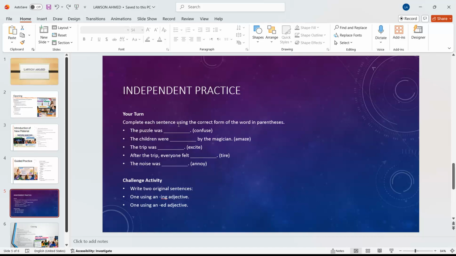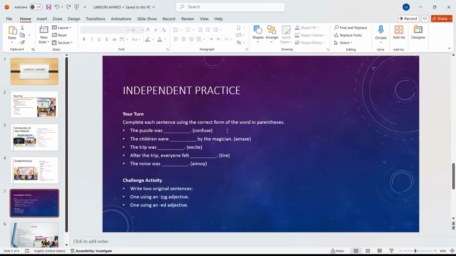Complete each sentence using the correct form of the word in parentheses. These are the questions there for your practice. And the challenge activity, after doing this first one, I'll go through and check.